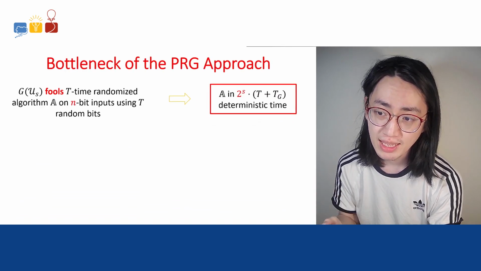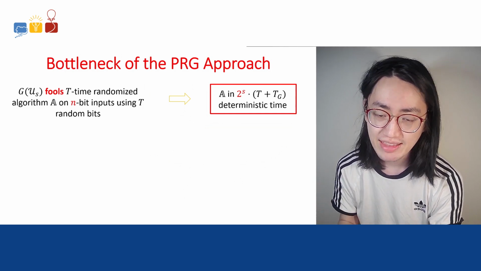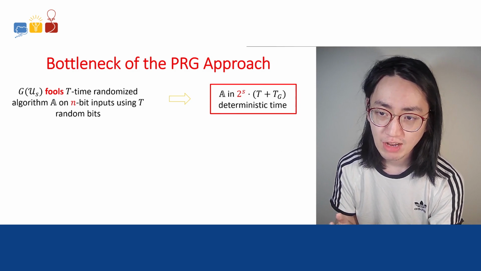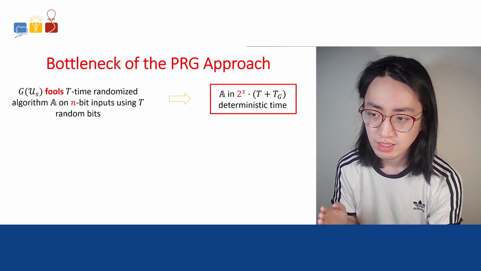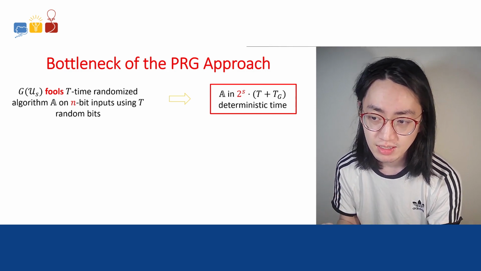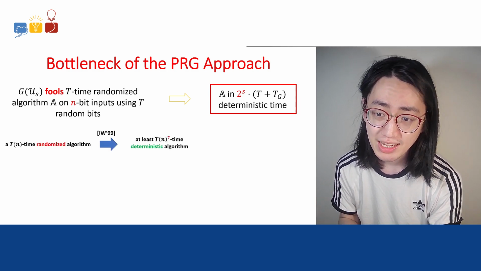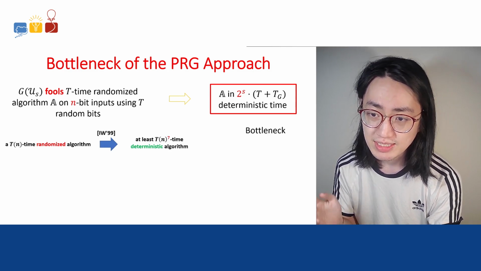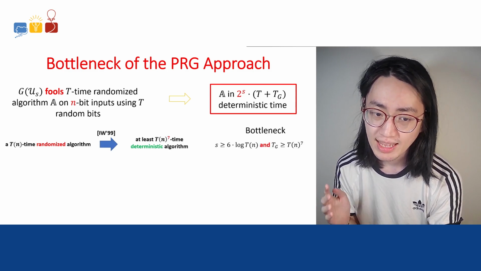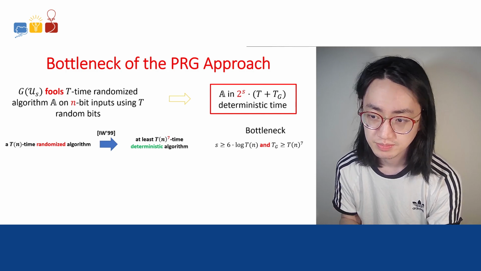So now we understood the relationship between the running time of the derandomization and the parameters of the PRG in terms of the seed length s and its running time T sub G. So we are ready to discuss the bottleneck in previous derandomization results. For the classical work by Impagliazzo and Wigderson, the bottleneck there is that both the seed length and the running time of the generator G are pretty large, which results in the huge polynomial time overhead.